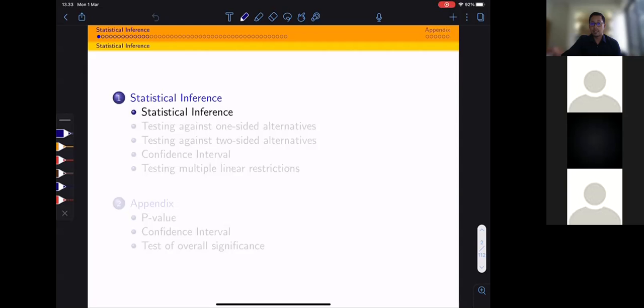In this lecture, I will also provide you with an illustration on how to do statistical inference using Stata. Hopefully the illustration will provide you with detail on how to do statistical inference, and also help you understand methods to do statistical inference.